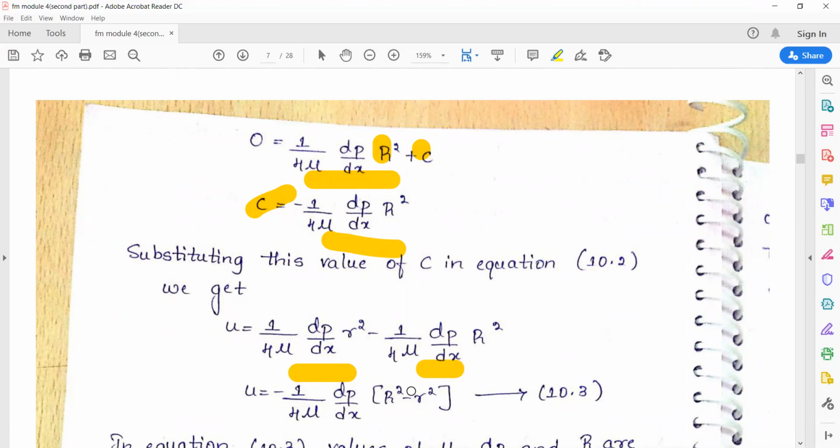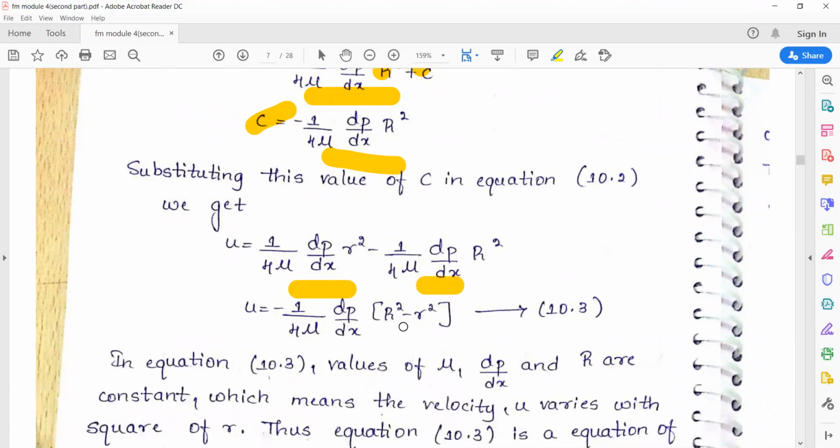Further simplification: minus 1 by 4 mu into dp by dx is taken out, and the remaining is capital R square minus small r square. Since capital R has a higher value compared to small r, they have taken minus 1 by 4 mu dp by dx outside.